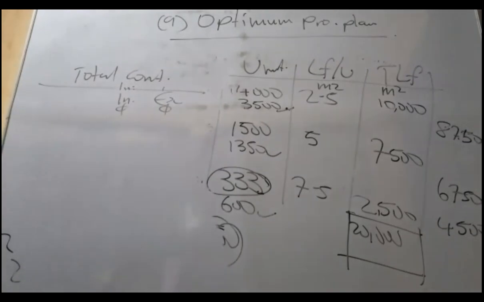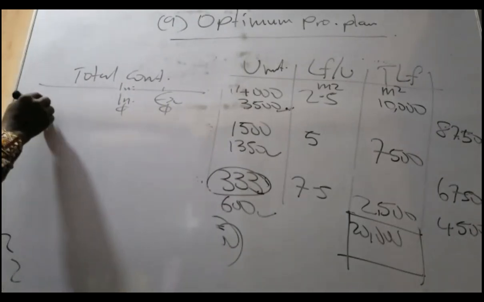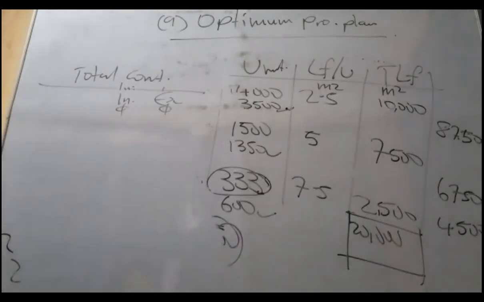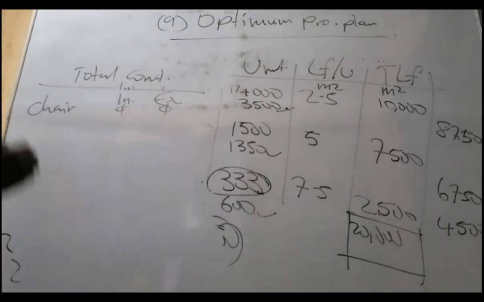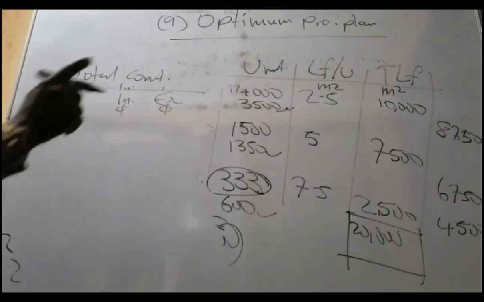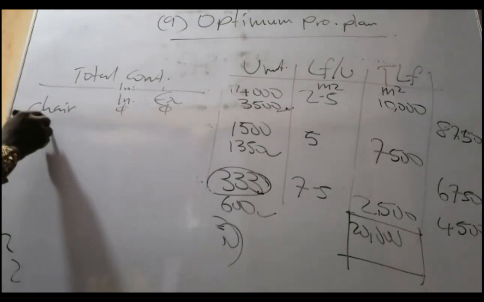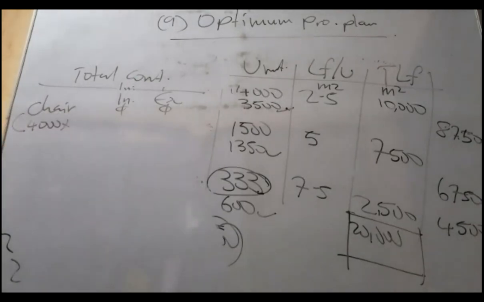So for the first product, chair. Open your brackets. For chair, using the first approach, that's 4,000 times the contribution per unit, the one that we calculated.